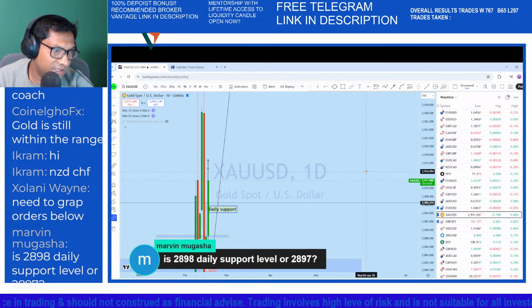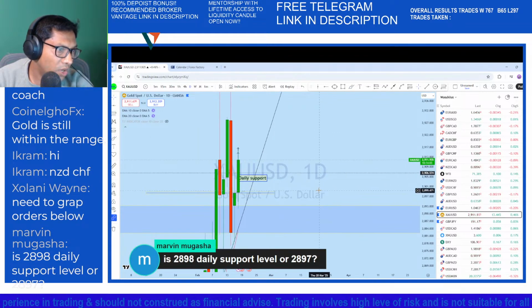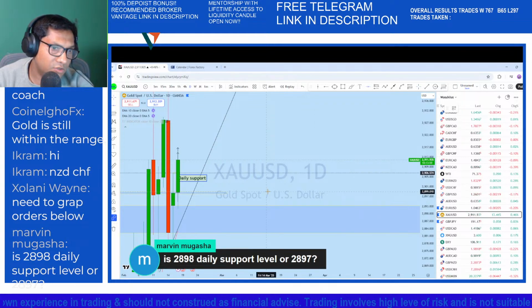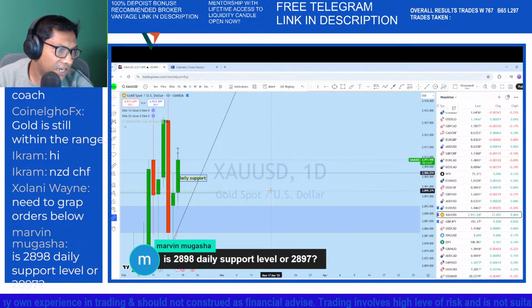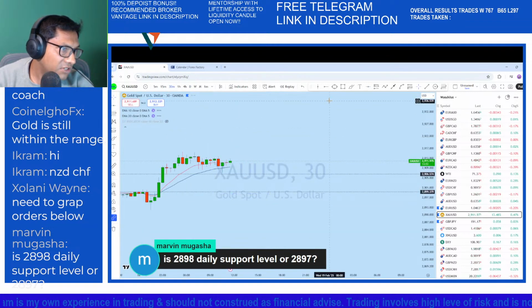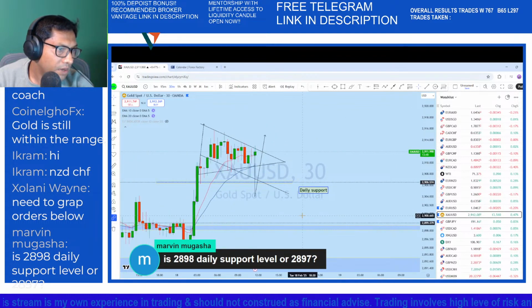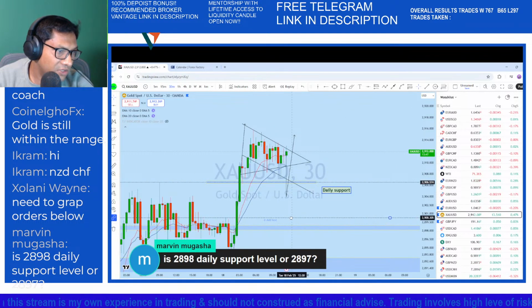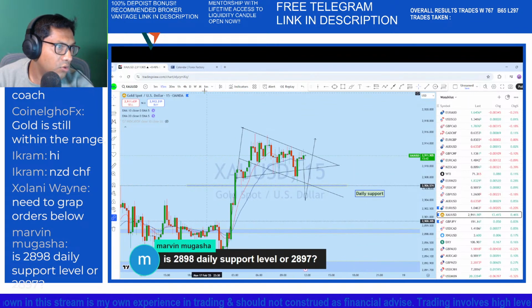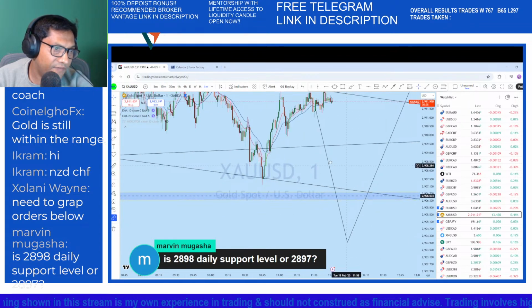Daily support is a couple of levels that we can look at. One is 2905. The other one is 2899 or 2900. If the market managed to drop to 2900, which is less likely to drop that low, but if in case with a spike it drops, then that's where we can look for a good entry. This will be a really good entry if the market managed to drop that far.